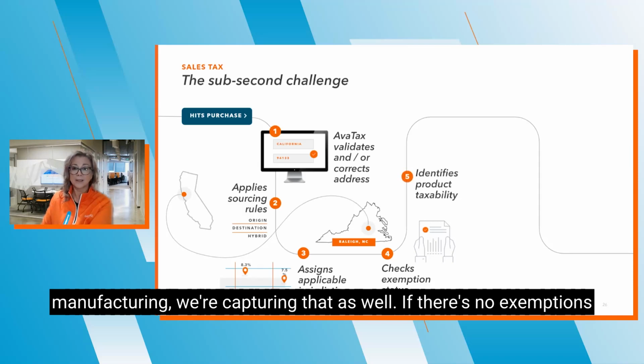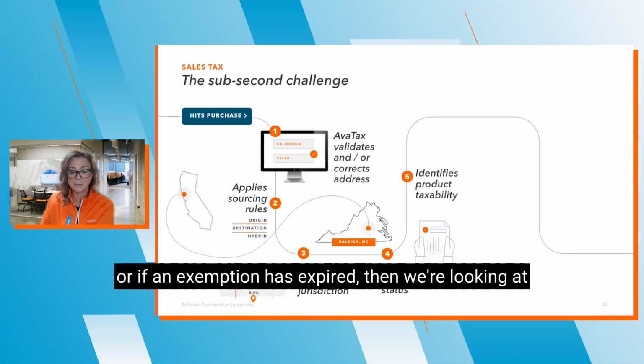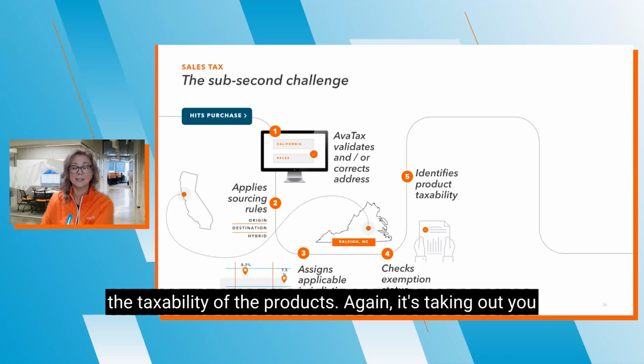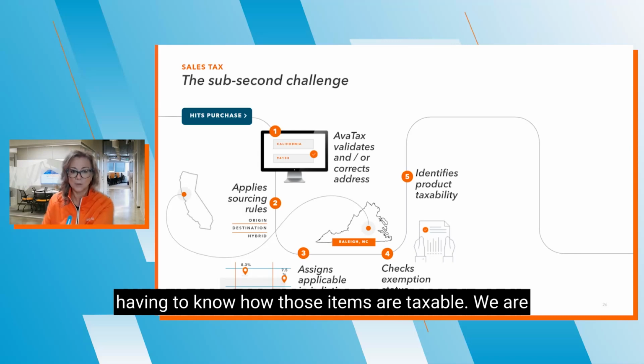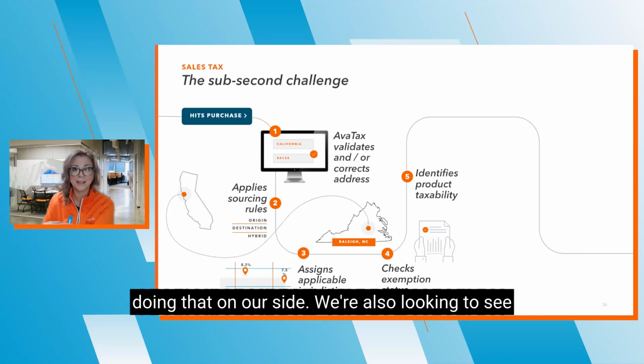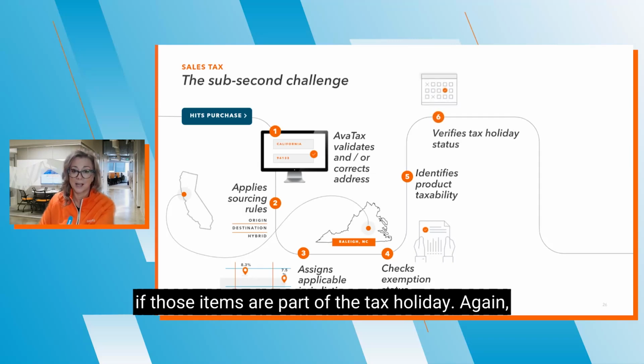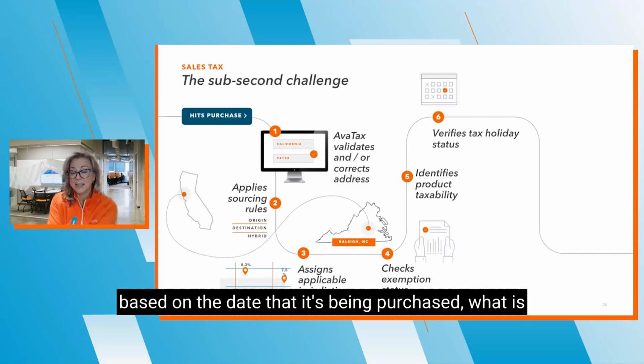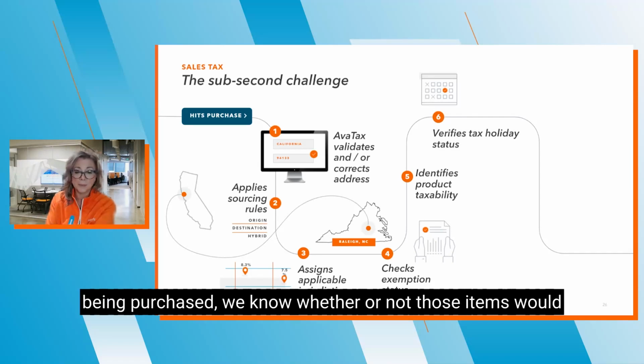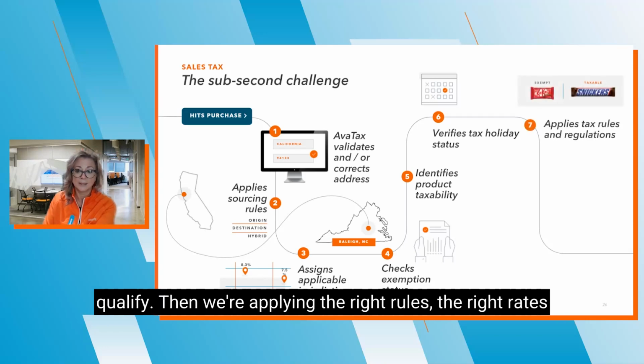If there's no exemptions, or if an exemption has expired, then we're looking at the taxability of the products. And again, it's taking out you having to know how those items are taxable. We're doing that on our side. We're also looking to see if those items are part of the tax holiday. Again, based on the date that it's being purchased, what is being purchased, we know whether or not those items would qualify.